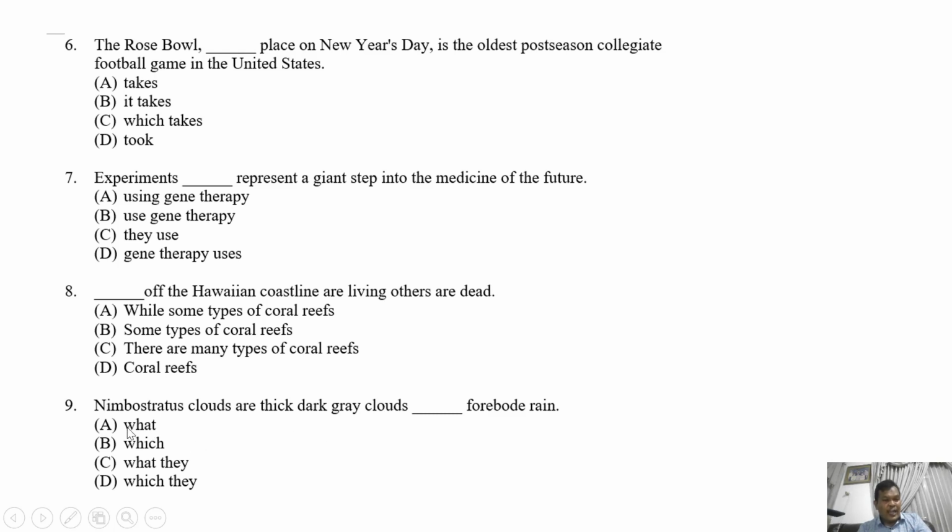So we have 2 predicates. What does it mean? We need a conjunction. And all of the options here, the possible answers, also contain conjunctions.